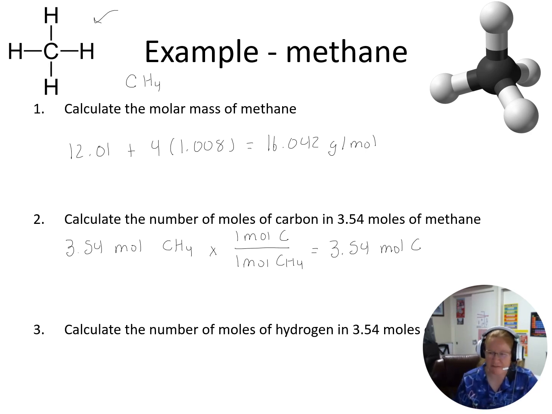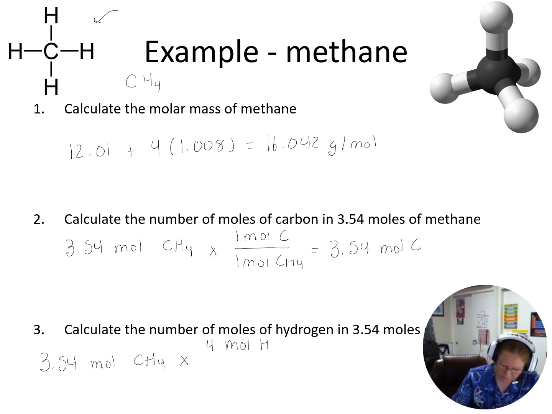So I have 3.54 moles of methane still, but how many moles of hydrogen is that? Okay, well, according to my formula, I have 4 moles of hydrogen for every 1 mole of methane.